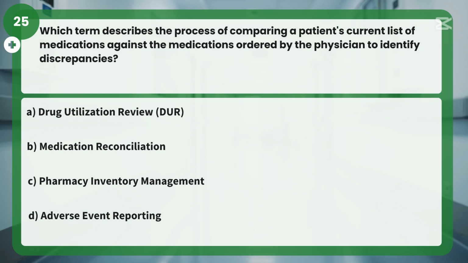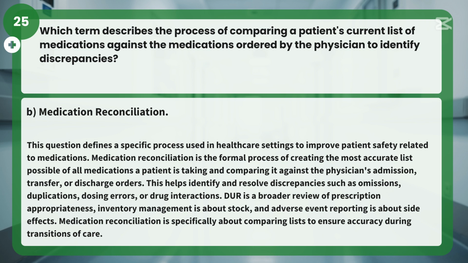Answer: B. Medication Reconciliation. This question defines a specific process used in healthcare settings to improve patient safety related to medications. Medication reconciliation is the formal process of creating the most accurate list possible of all medications a patient is taking and comparing it against the physician's admission, transfer, or discharge orders.